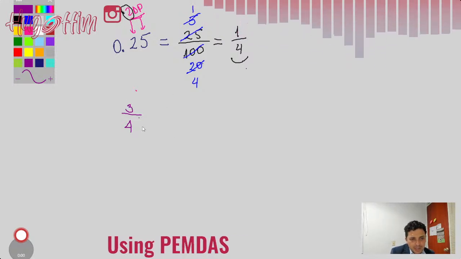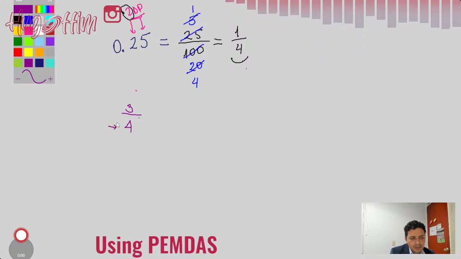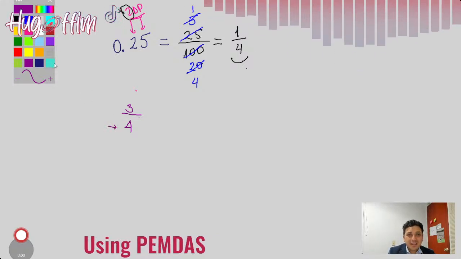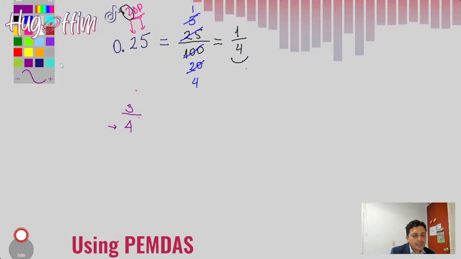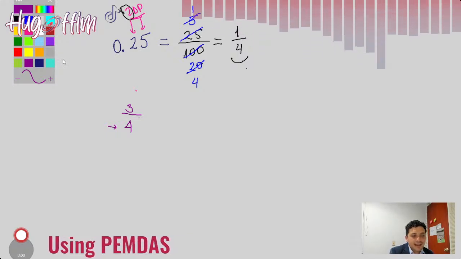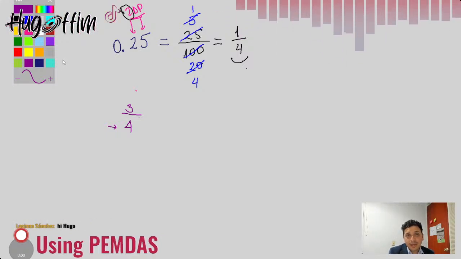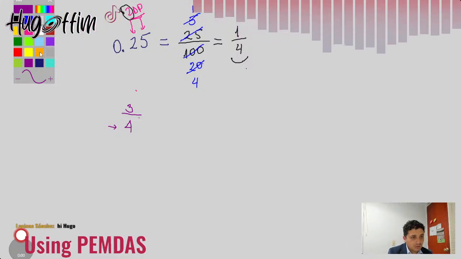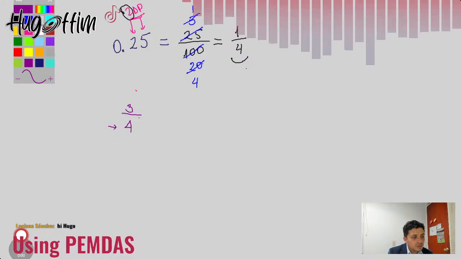I need to multiply this number 4 in order to get a power of 10. There are numbers like 4, like 2, like 8, like 5, like 10 that if you multiply them by a specific number, it's going to give you a power of 10. So I'm going to multiply 4 times 25.